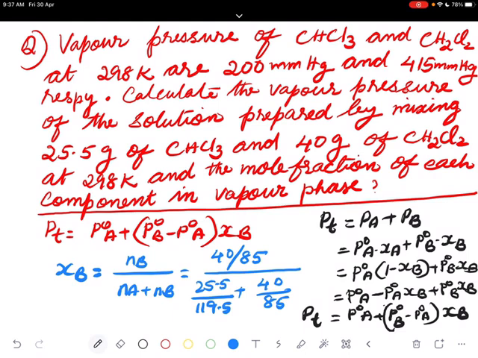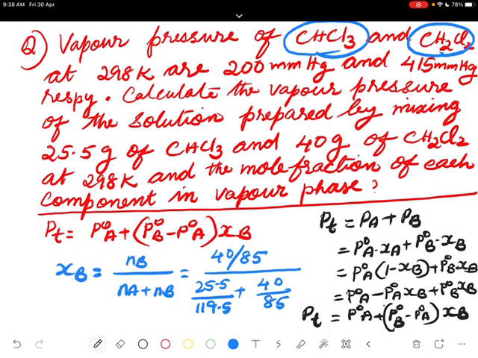What is CHCl3? CHCl3 is carbon, hydrogen, 3 chlorines, and CH2Cl2 is carbon, 2 hydrogens, and 2 chlorines. So you can calculate the molecular mass, and given mass upon molar mass will give you the number of moles.